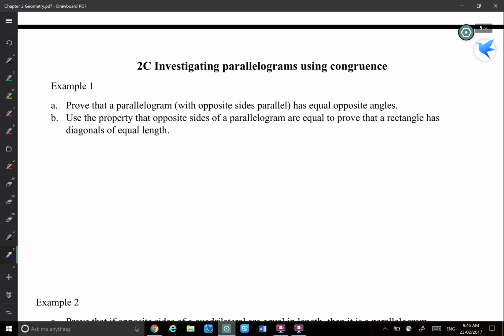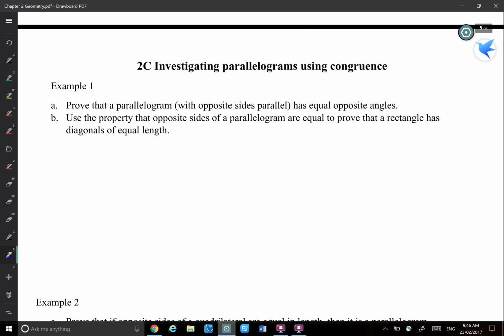Prove that a parallelogram has equal opposite angles. Use the property that opposite sides of a parallelogram are equal to prove that a rectangle has diagonals of equal length.